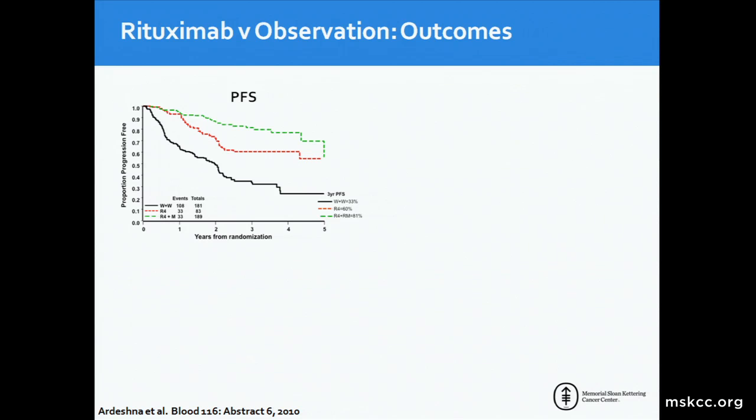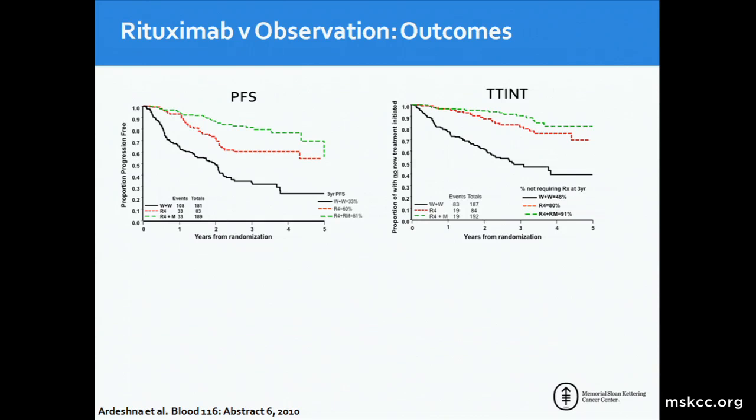So here's the progression-free survival. The green curve shows the rituximab induction followed by maintenance. The red curve is the rituximab induction. And the black curve is observation. The primary endpoint of the study was time to initiation of next therapy. And it's interesting that there's a significant narrowing between the maintenance patients and the induction-only patients on this curve.